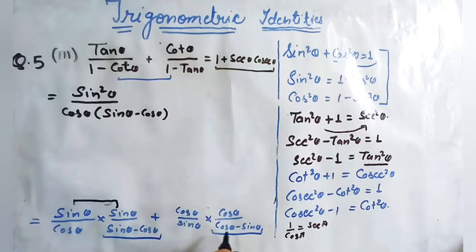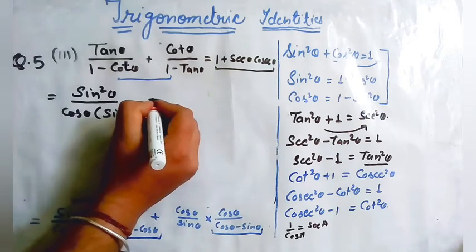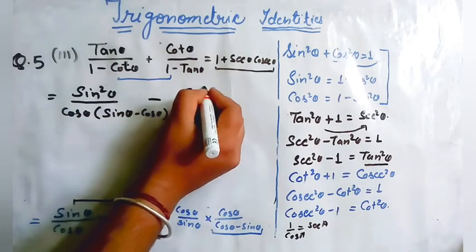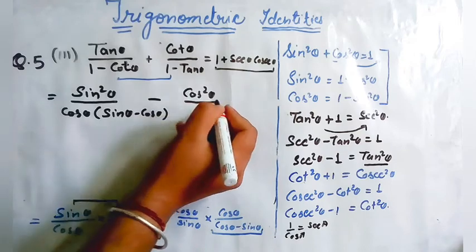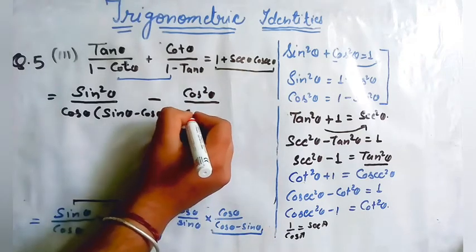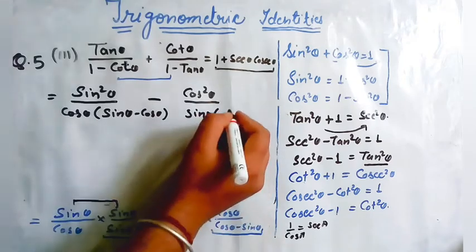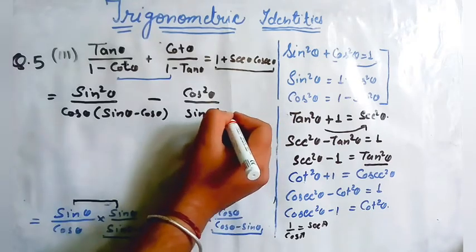In the second part also we can convert sin theta minus cos theta by taking minus common. So it will become negative, and cos square theta whole upon sin theta into, now this will become sin theta minus cos theta because negative is taken common.